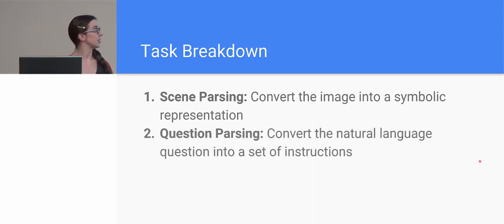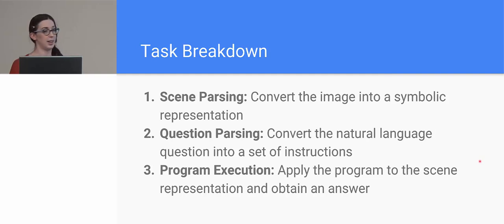The second task is question parsing, and this is the task of taking the natural language question and turning it into those tasks that we identified earlier to perform on the symbolic representation. And the third task is just to apply that parsed question to the scene representation and obtain our answer.